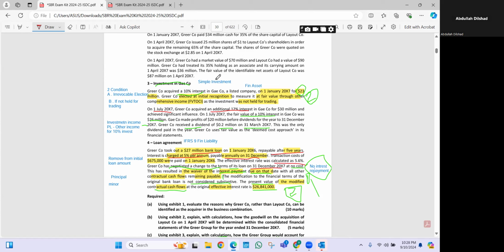Initially, you bought 10%. After it, you are buying 12%. So now, on 1st July 2007, you will be having 22% ownership. When you have 22% ownership, anything more than 20% is called investment in associate, IAS 28.